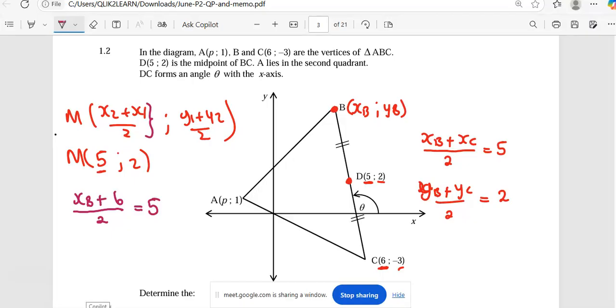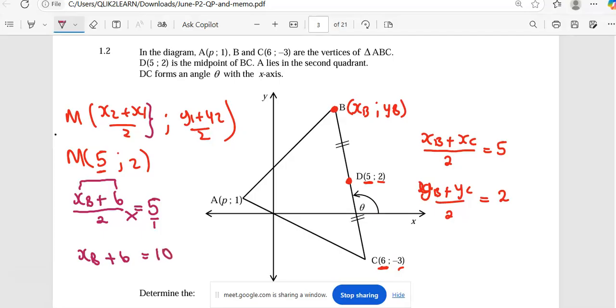Yes, sir. So now the next thing is to solve for B. Remember this is all over 1, so basically we just cross multiply. It's like saying x of B times 1, which gives us x of B. 6 times 1 will give us positive 6, which is equal to 2 times 5, which is 10.